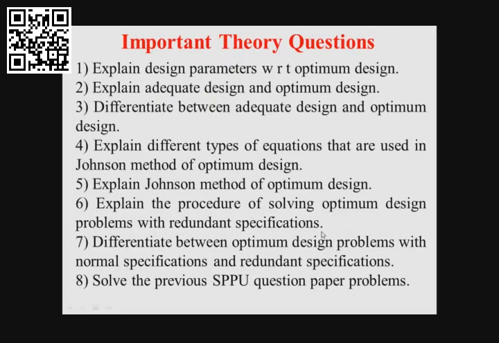Next is, explain the procedure of solving the optimum design problem with redundant specifications. In the previous slide I told you that normally theory questions come on the redundant specifications, so prepare for this question. Next is, differentiate between optimum design problems with normal specifications and redundant specifications. Normally this question will also come in the exams.